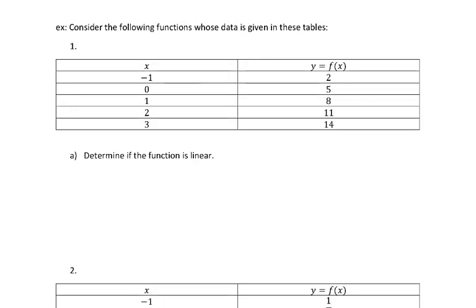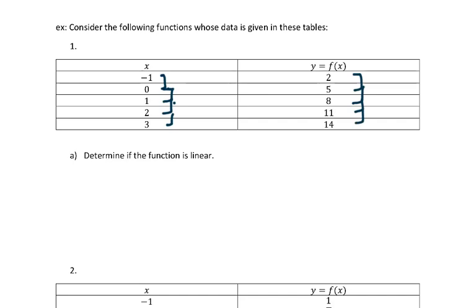Okay, so let's keep going now. Here we have a table of data. We're going to show that this function is linear. And actually, it's easy to see that it is linear because from the table, if you increase x by 1 unit each time, from -1 to 0, the y value is increased by 3. Going from 0 to 1, the y value increases by 3. Here, your x value increases by 1, the y value increases by 3, and so on from here.